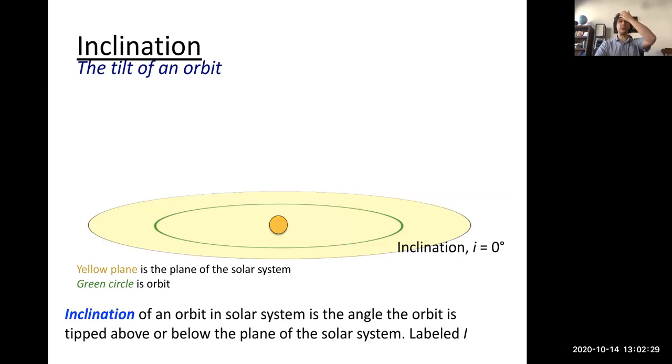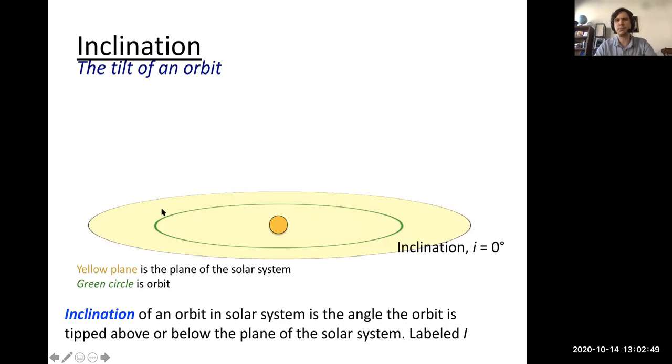And I want to go ahead and show you what the orbital inclination really means. So what I have here is an orbit as a green circle, and we're sort of looking at this at an angle. So this would be a circular orbit, but we're looking at the whole system at an angle. And then this yellow plane is showing the plane of the solar system, the orbital plane of the solar system.